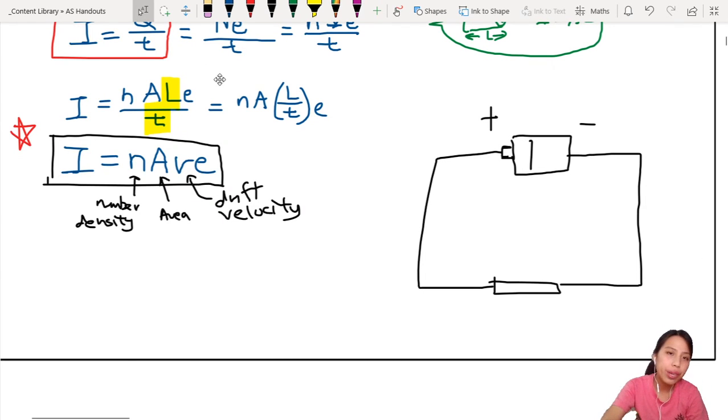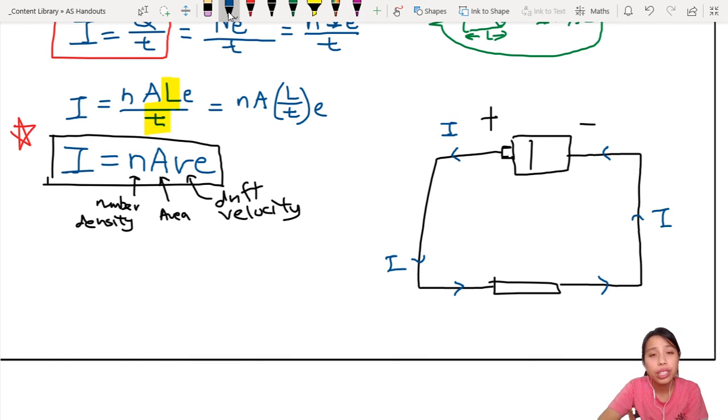So just to recap really quickly, conventional current I, we say flows from the positive, goes down, and goes back to the negative. This is conventional current, which is the I symbol that we use. Electrons in reality move the other way, so electrons are actually moving this way.